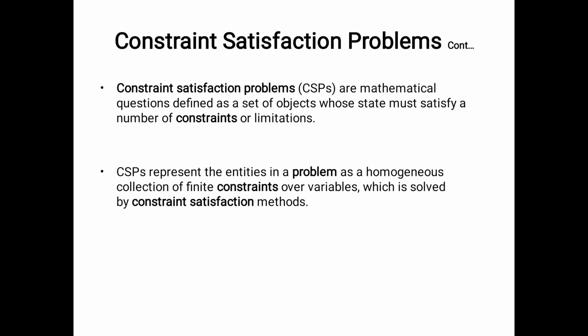A constraint satisfaction problem is a mathematical question defined as a set of objects whose state must satisfy a number of constraints, also called limitations. Here we consider some set of variables, some set of domains, and constraints. Based on the constraints, we assign the domain values to the variables. That is the main important point here.